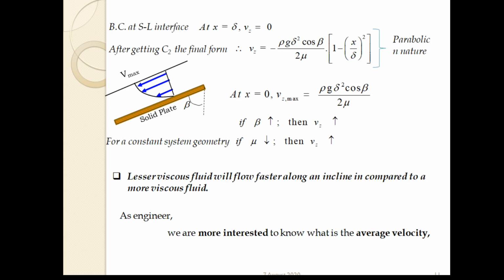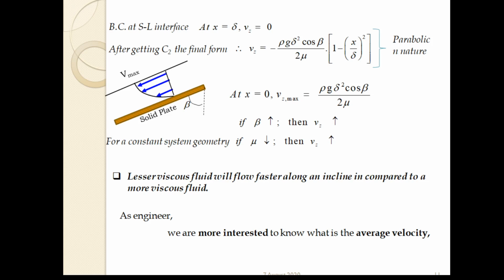Once we have this average velocity, we would also like to know the volumetric flow rate. So the volumetric flow rate would simply be Q equals w into delta into vz, which is rho g w delta cube cos beta upon 3 mu.